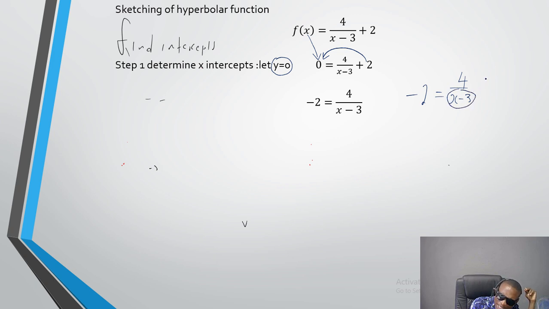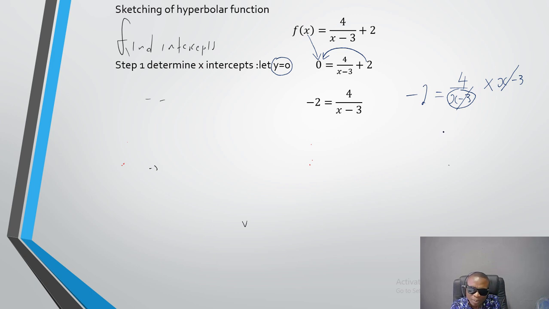How? I will multiply by x minus 3 on the right. I know that this multiplication by x minus 3 is going to cancel the x minus 3 underneath. Mathematically, we say what you do on the right, you must also do on the left.